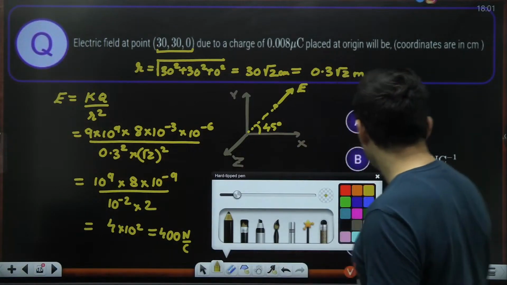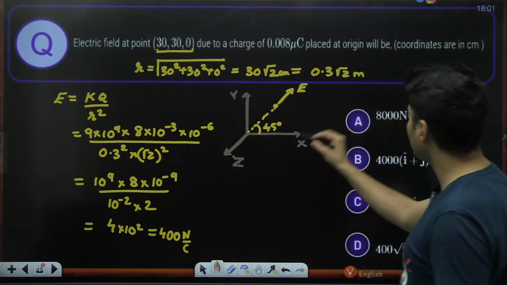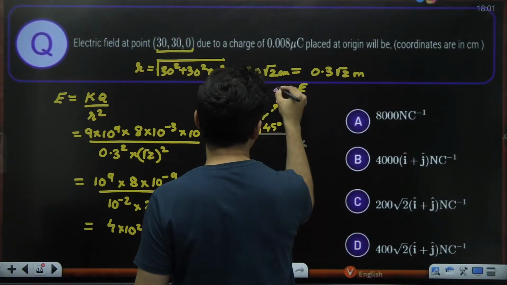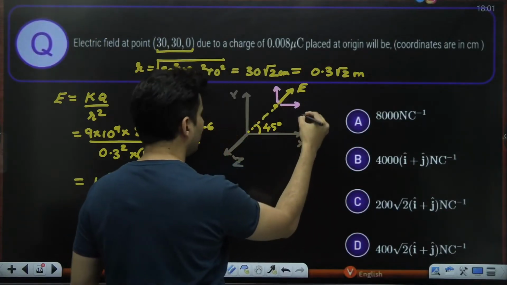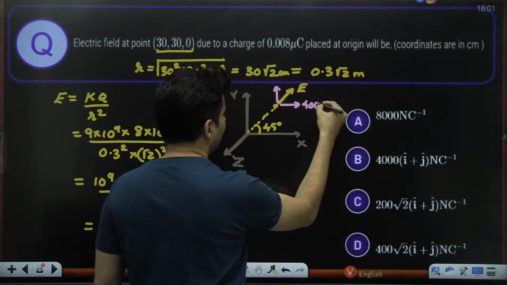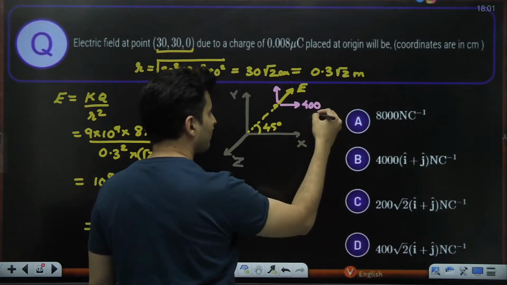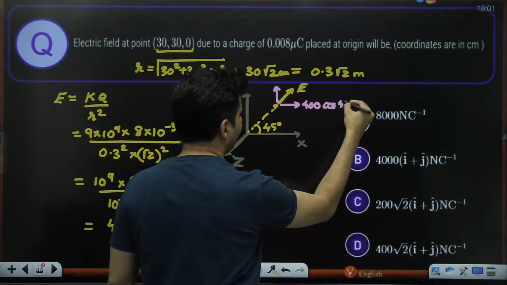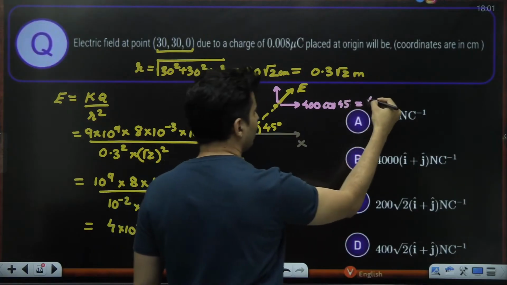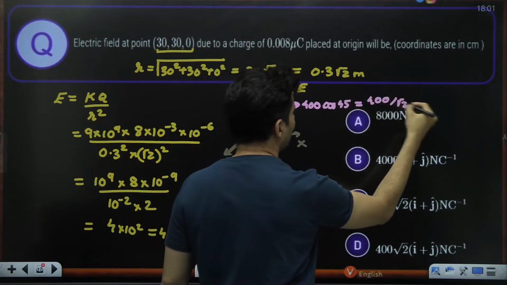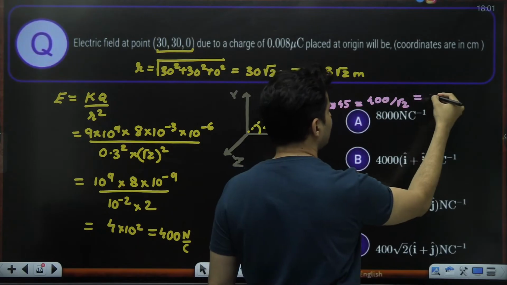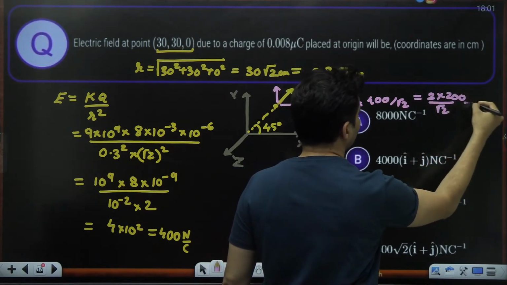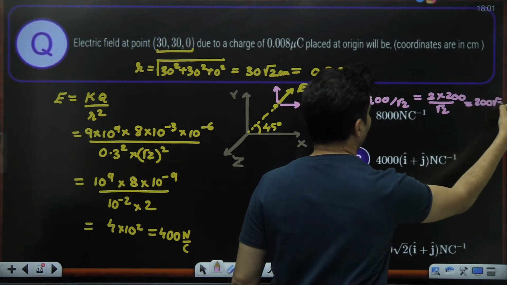Now, that is not the answer actually, because we have to split it into components. I can see i cap and j cap. So when you split it into two components, each component will be 400 cos 45, which is nothing but 400 by root 2, which I can write as 2 multiplied by 200 by root 2, which is 200 root 2.